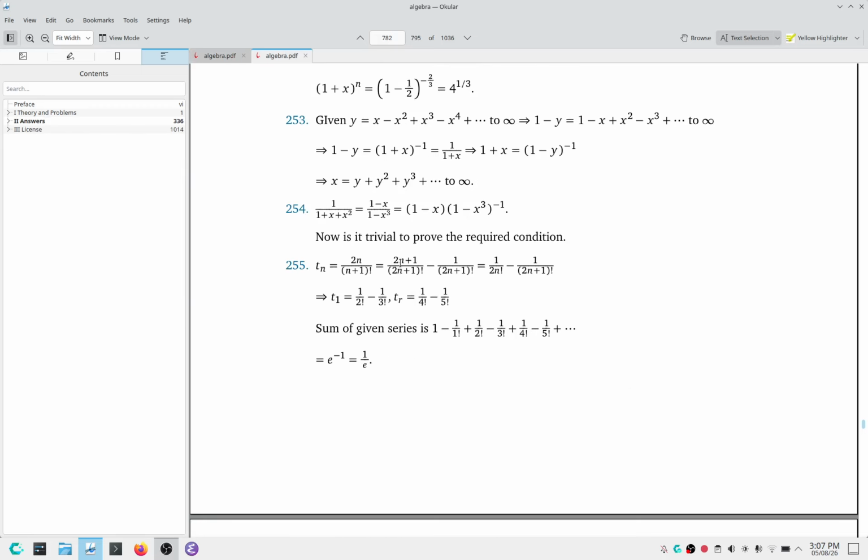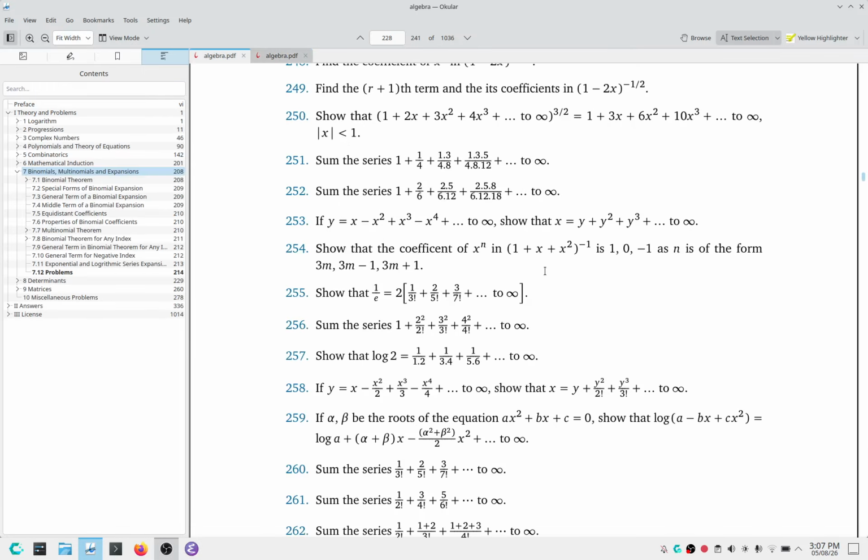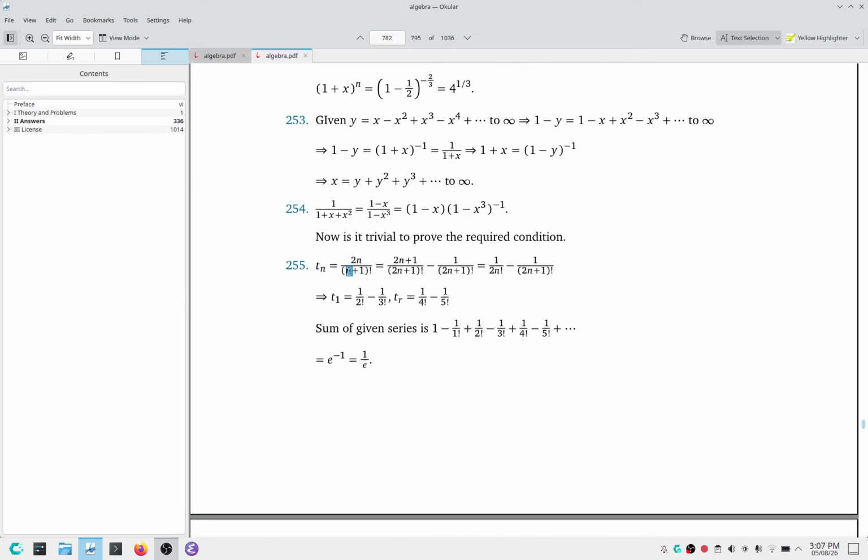Now 2n plus 1 upon 2n plus 1 factorial minus 1 upon 2n plus 1 factorial is equal to this. So once we have that, that is equal to 1 upon 2n factorial minus 1 upon 2n plus 1 factorial. Let me see if there is something wrong. Okay, this should be 2n plus 1 factorial.